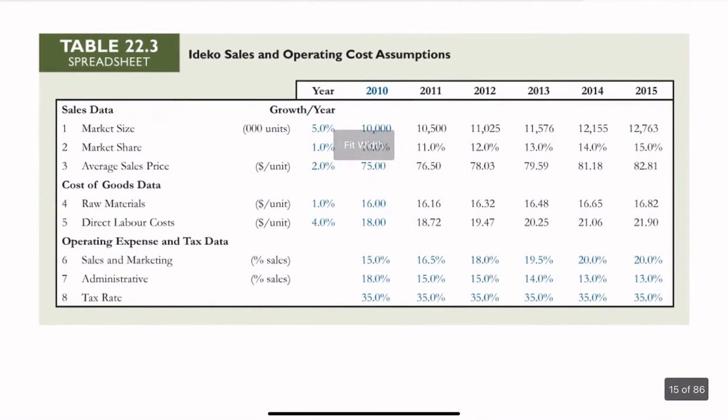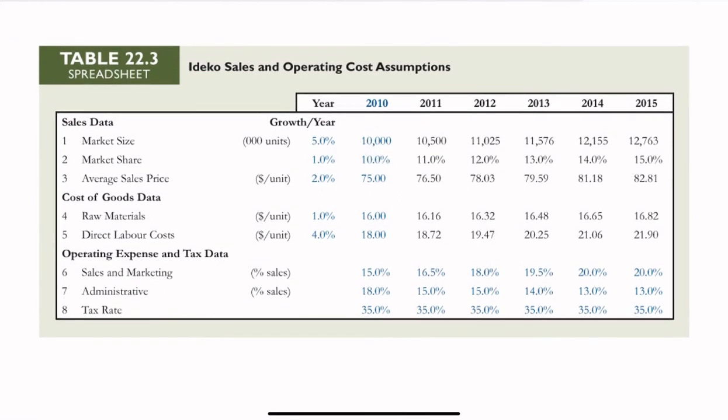So this is your projection or your assumption on Idaco's sales and operating cost. You can see that first, you're assuming that the market increases by 5% per year, and then you assume that the market share of Idaco increases by 1% per year, and you assume every year the selling price will increase by 2%.